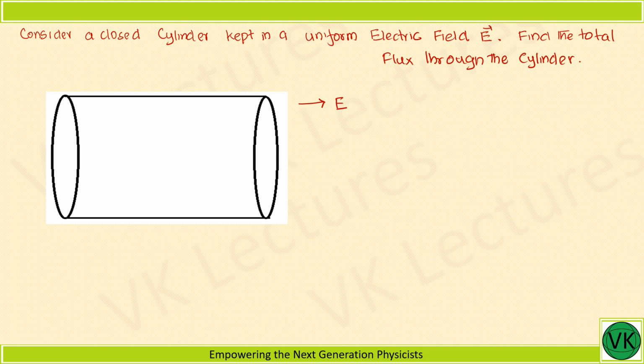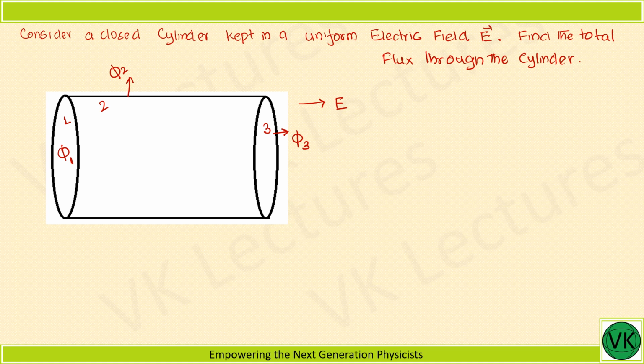Based on the surface we can identify there are three different fluxes: phi 1, which is from this first area, and now here we have the curved surface. Through this we have phi 2, and this is another area, a flat circular surface, and through this we have phi 3.